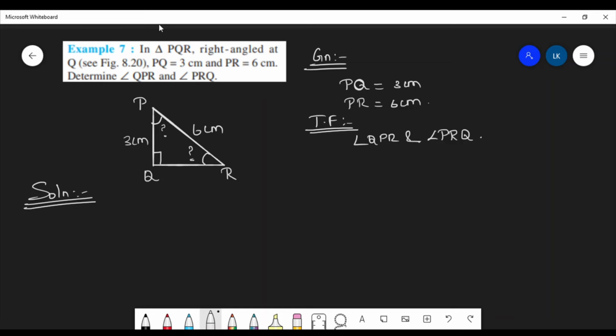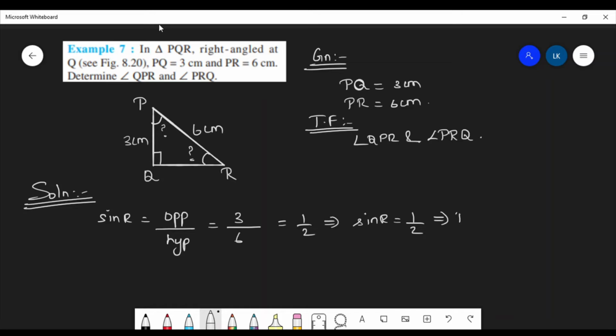Here we are going to use sin R formula. Sin R is nothing but opposite side by hypotenuse, and opposite side value is 3 and hypotenuse value is 6. Therefore 1 by 2, which implies sin R is equal to 1 by 2.